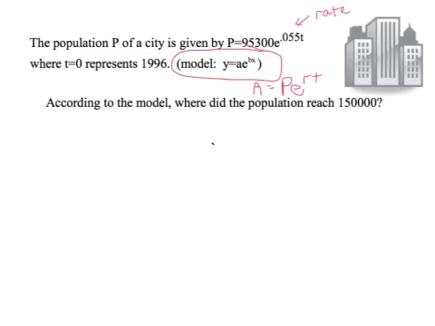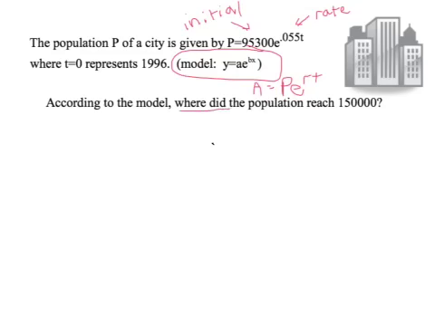So that's saying it's growing at 5.5% per year, and your initial value, your principal, so to speak, is the 95,300. So that basically means at t equals 0 in 1996, we had an initial population of 95,300.